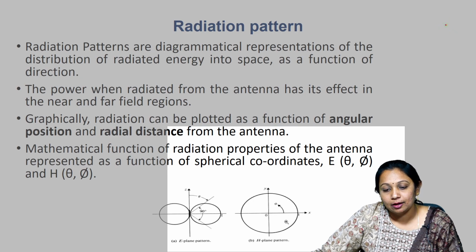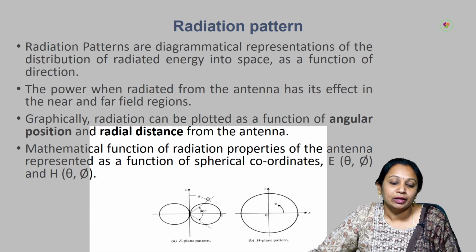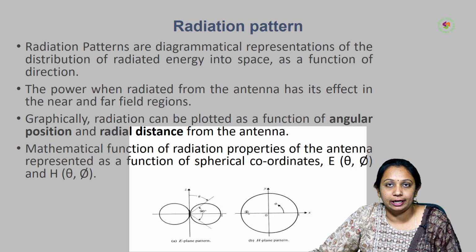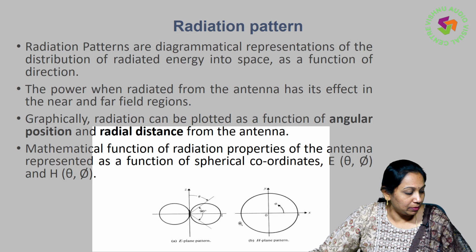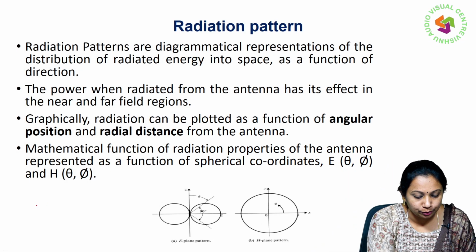In simple words, from all these definitions we can say that the radiation pattern is nothing but the graphical representation of the radiation. Generally these radiation patterns are divided into two types.